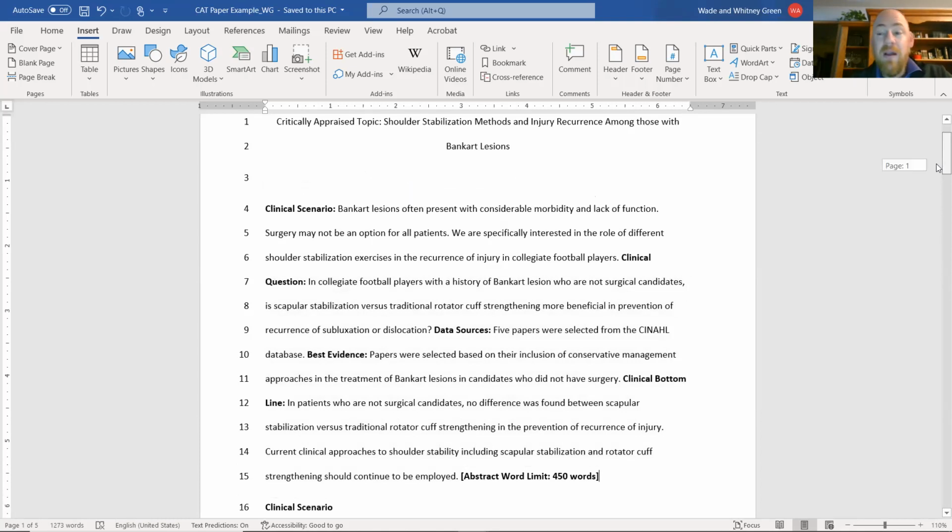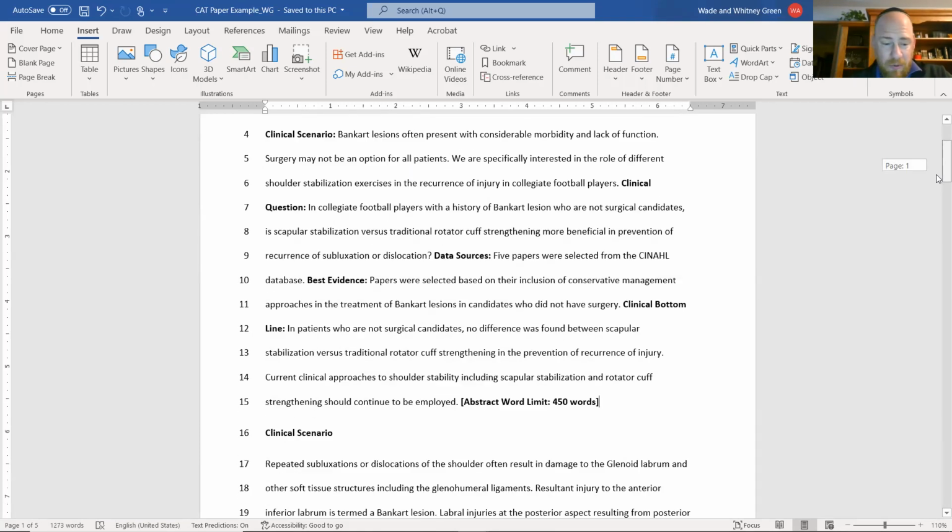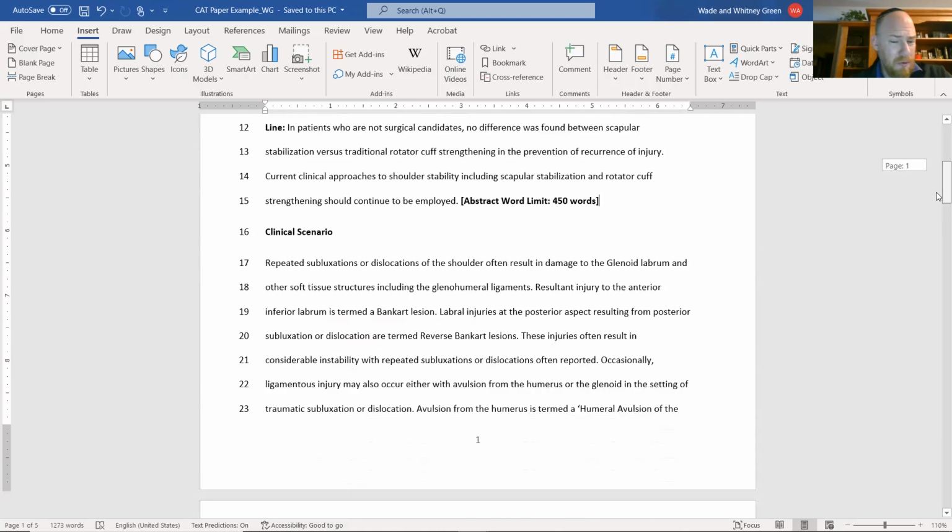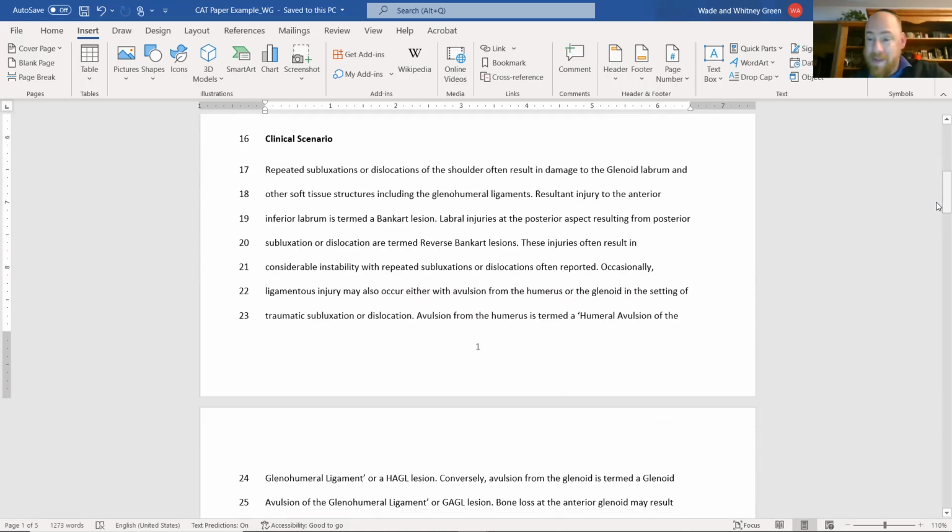Okay, let's start by talking about the clinical scenario. What is this section? The clinical scenario section is where you lay out the clinical background, not only for your PICO question, but for your paper.